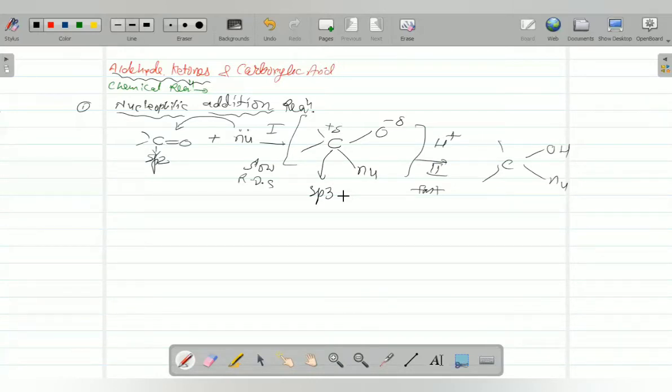This intermediate captures a proton in the second step, gets stabilized, and the product is formed. So the net result in this addition is the nucleophile and proton added across the carbon oxygen double bond, right? Now this is the simple mechanism of nucleophilic addition reaction.